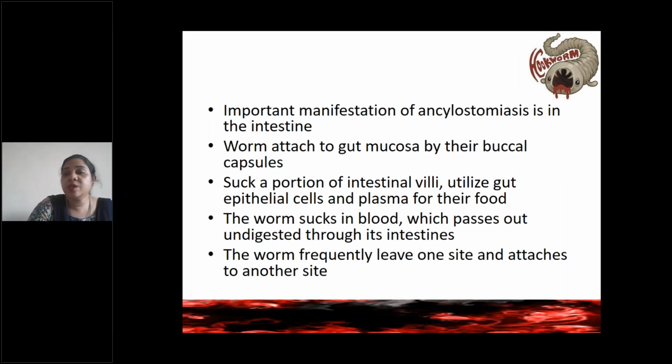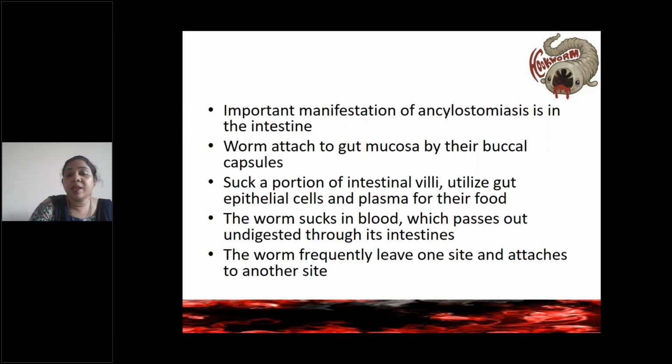The important manifestation of ancylostomiasis is in the intestine. The worm attaches to the gut mucosa by the buccal capsule, sucks a portion of the intestinal lining, and utilizes gut epithelial cells. The worm sucks blood, which passes out undigested through its intestine.